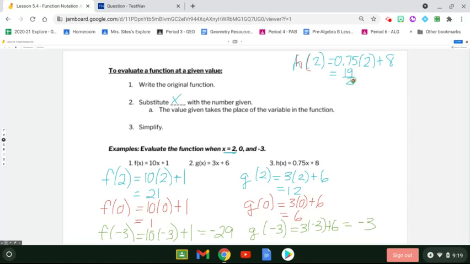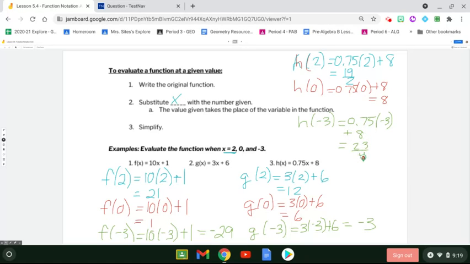We're going to do the same thing when x is equal to 0. So 0.75 times 0 plus 8, which will give me 8. And h of negative 3. So 0.75 times negative 3 plus 8. And I'll get an answer of 23 over 4.